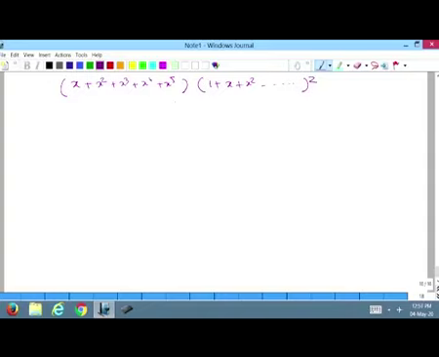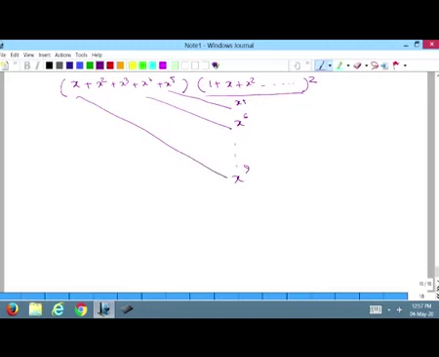Therefore, we see that if we get the term for x to the power 5, that will be multiplied with this, x to the power 6, that will be multiplied by this, and x to the power 9, which will be multiplied by this, and that is going to give us the total number of ways of getting x to the power 10.